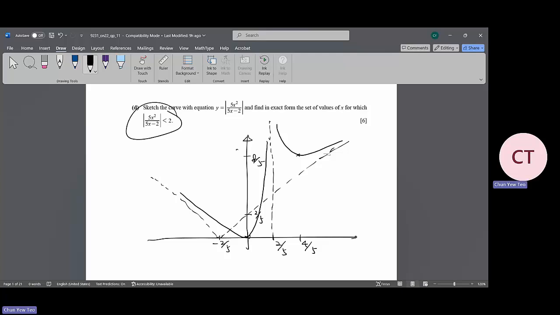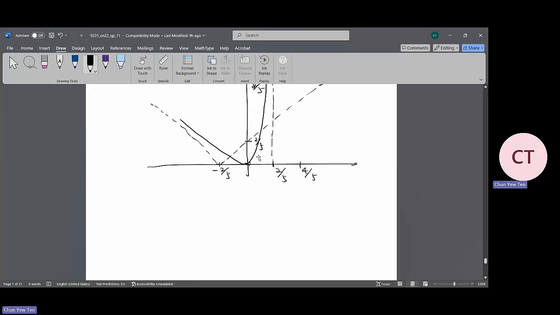Then after that, we want to solve the inequality where the modulus is less than 2. First of all, we let 5x squared over 5x minus 2 equal to 2. That means we can split it into two equations, one is positive 2, another is negative 2.